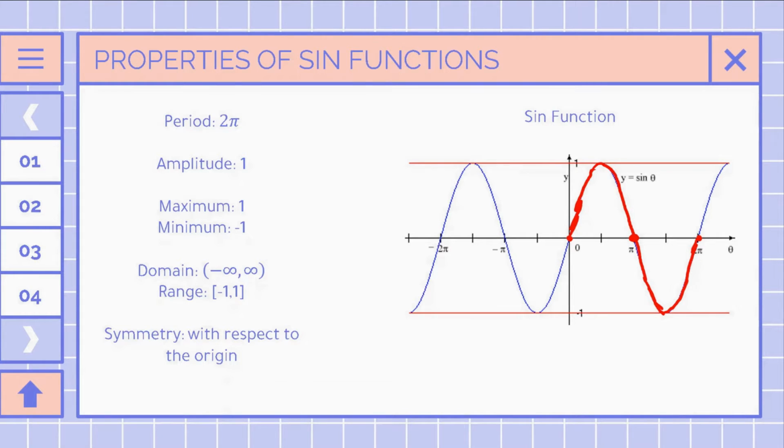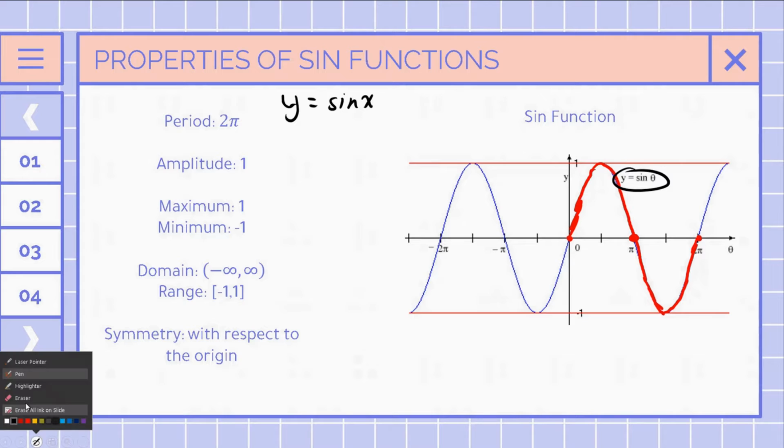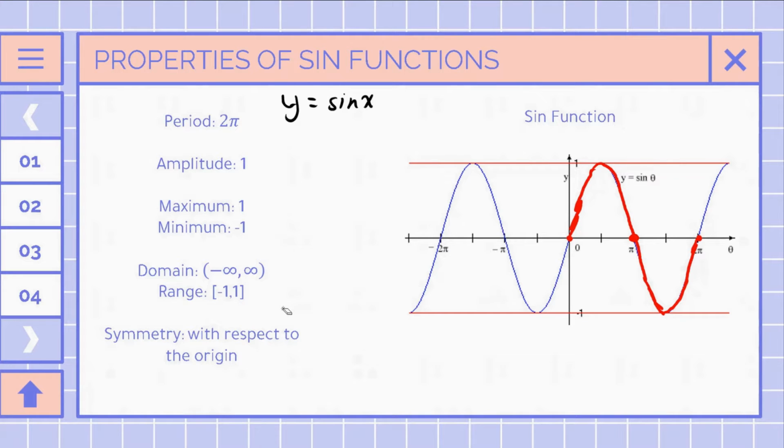And a generic sine function has the equation y is equal to sine of theta, or sine of x works as well. This is the generic function of sine. It has an amplitude of 1, which means it goes up and down 1 point from the midline.